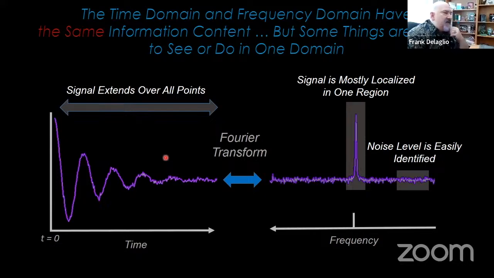So, to some extent, the process of converting this time domain data into a spectrum is really for the benefit of visual analysis, because people can look at a spectrum like this and make decisions, but they can't so easily look at time domain data like this and make decisions.